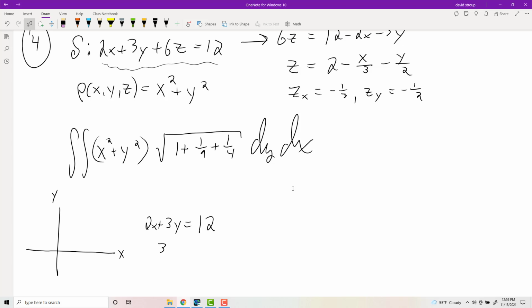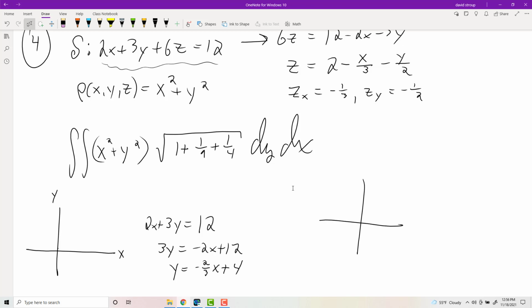So you'll have 3y equals negative 2x plus 12. So you get y is negative 2/3 x plus 4. So in the first quadrant, it seems I am going from 0 to that thing, right?